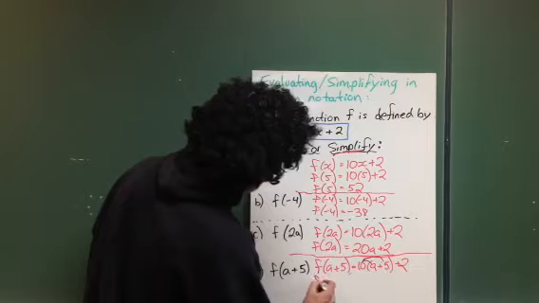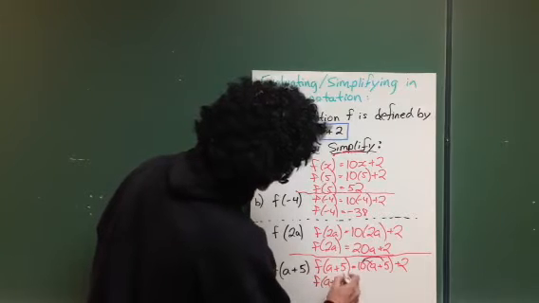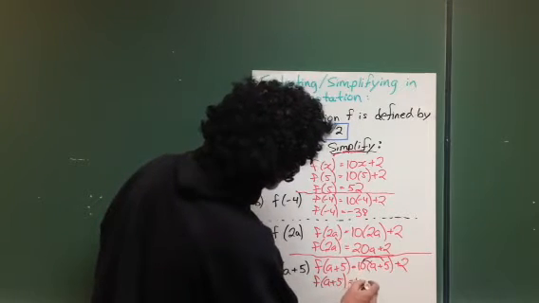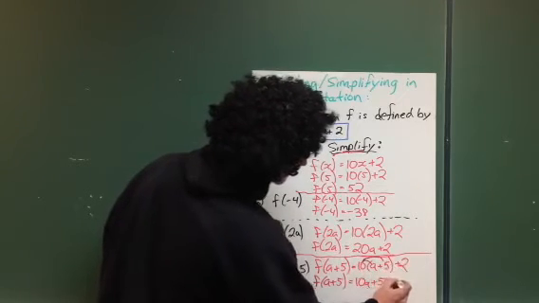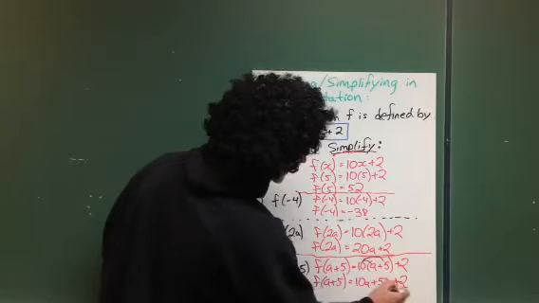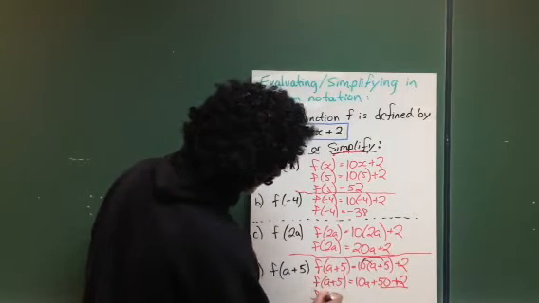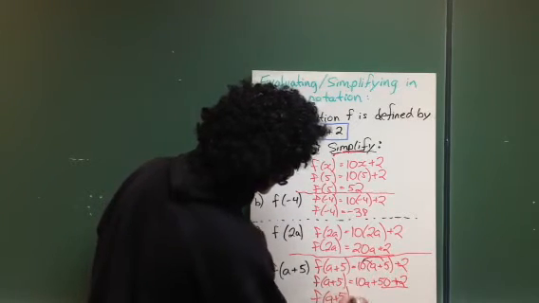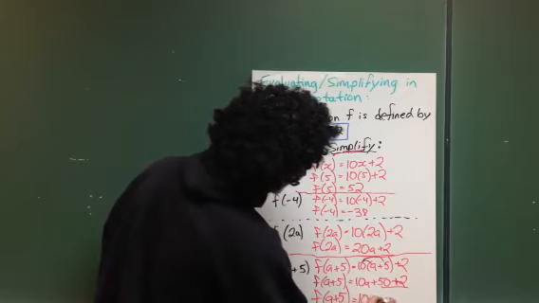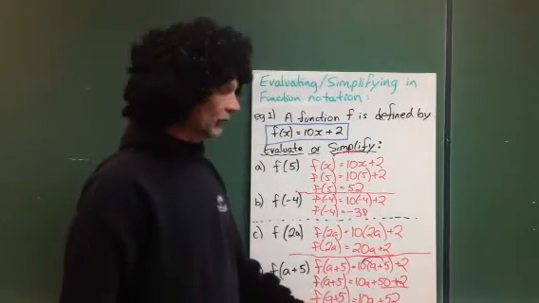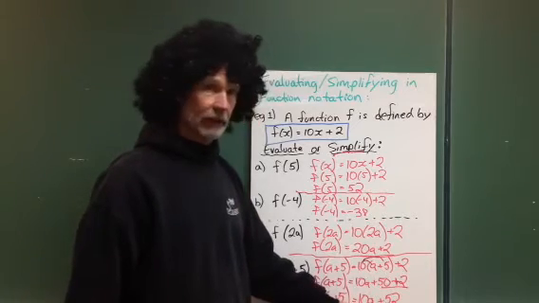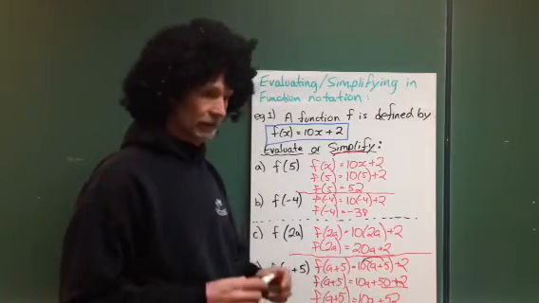So I have f of a plus 5 equals 10a plus 50 plus 2. And of course I can simplify this. So f of a plus 5 equals 10a plus 52. The input is a plus 5. The output, or the value of this total function, is 10a plus 52.